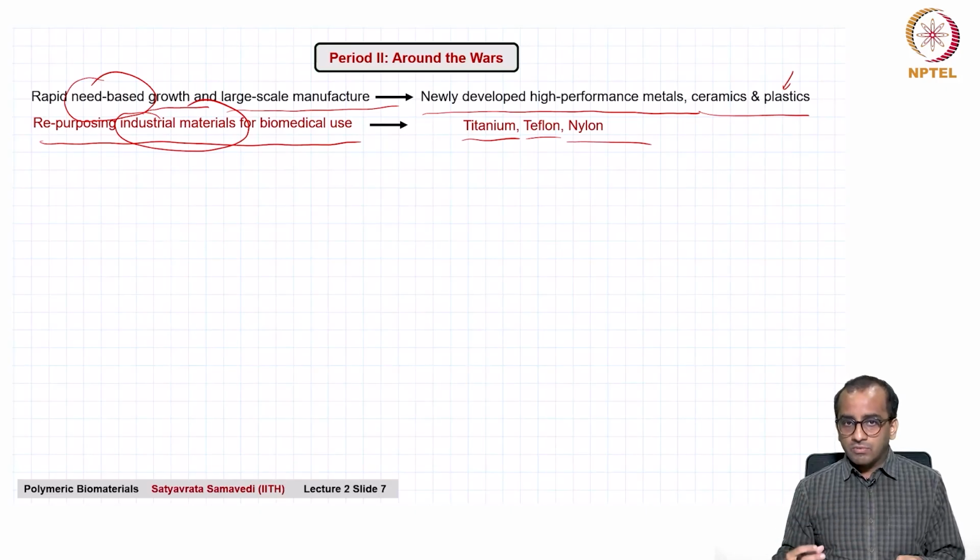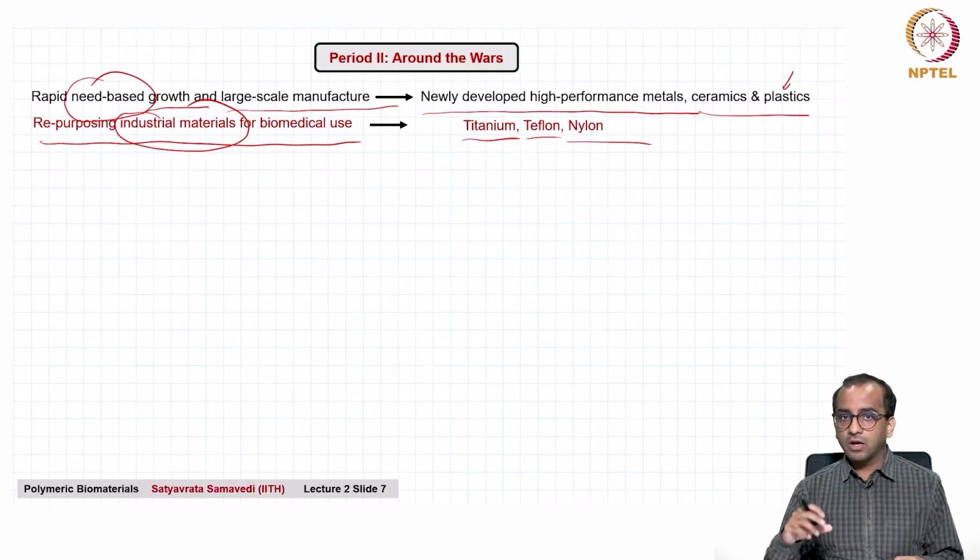In this period around the wars, we will look at three important milestones that are of extreme significance even today as a means to understand how war-related industrial development led to industrially important high-performance materials being repurposed for clinical applications.